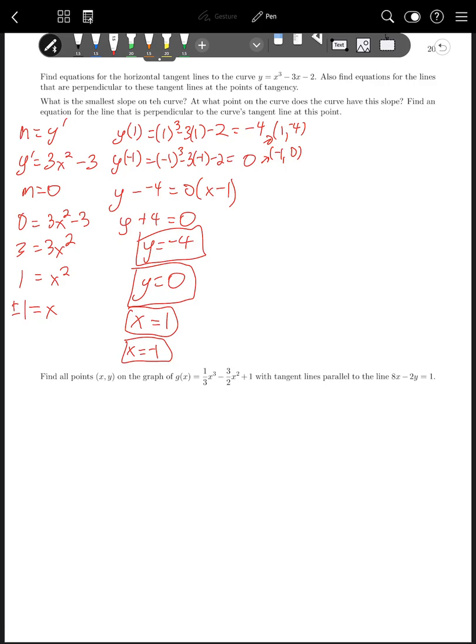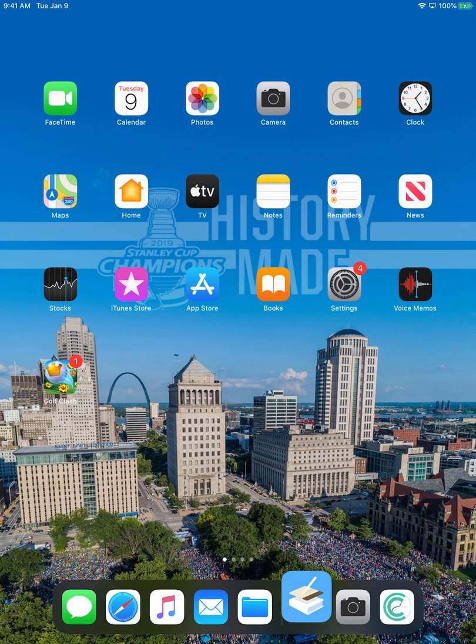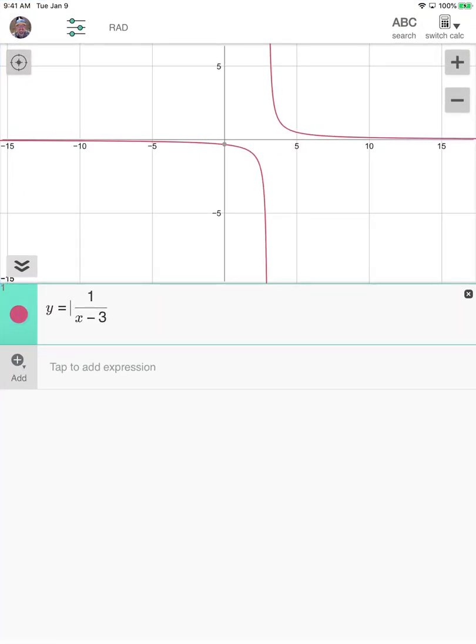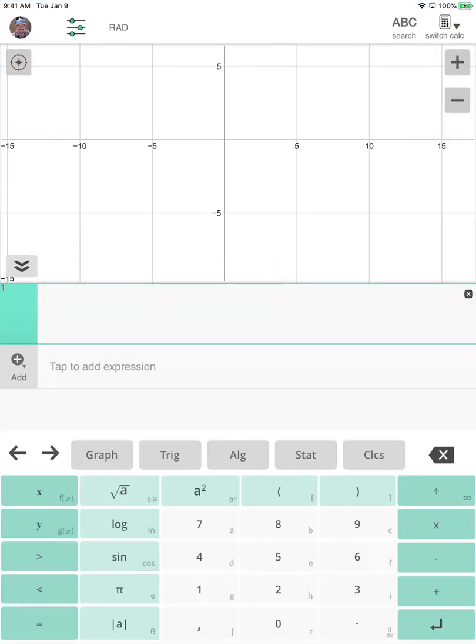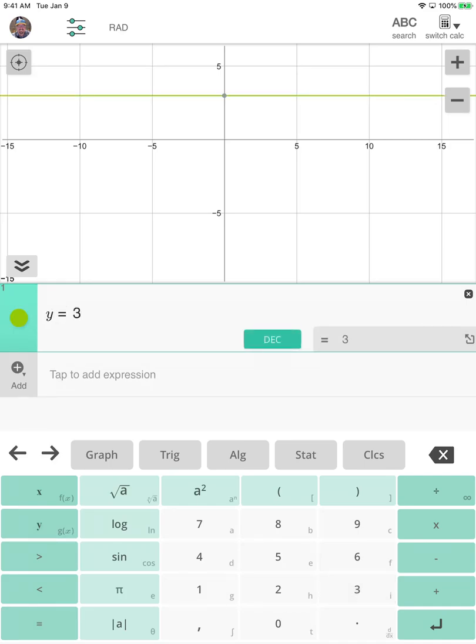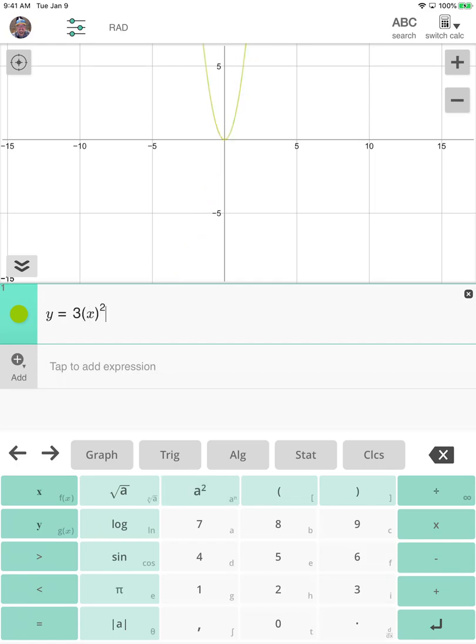The second part of that question is, what is the smallest slope on the curve? Well, we have this equation for our slope of the curve, y prime equals 3x squared minus 3. So the question is, well, when is that smallest? Well, the easiest way to answer that question is by trying to graph it. So if we graph y equals 3x squared minus 3, we get that the smallest slope, the lowest point this goes, is negative 3.